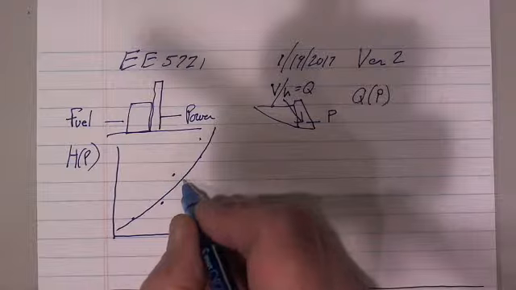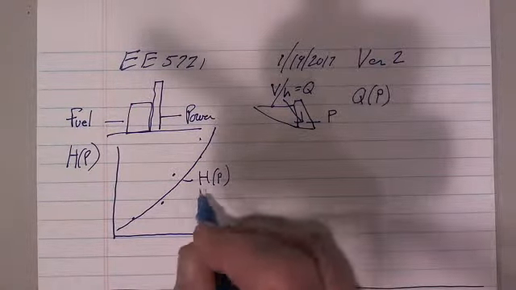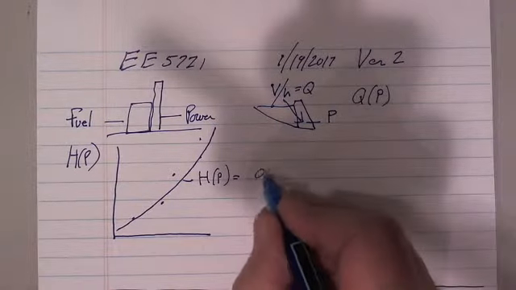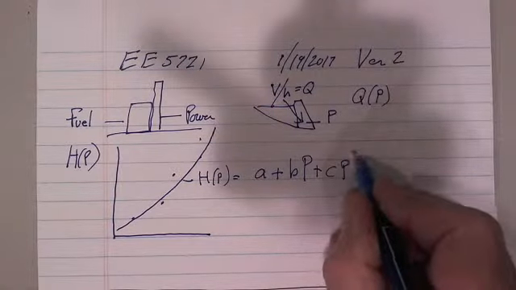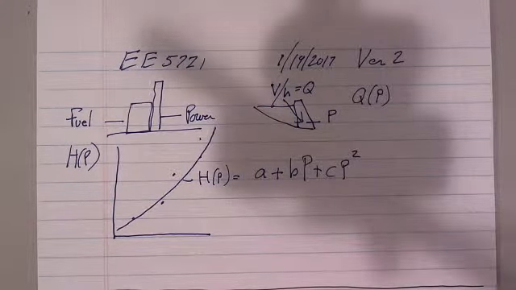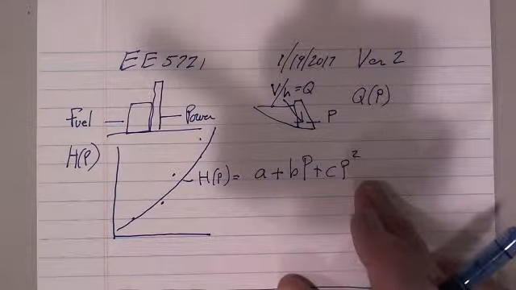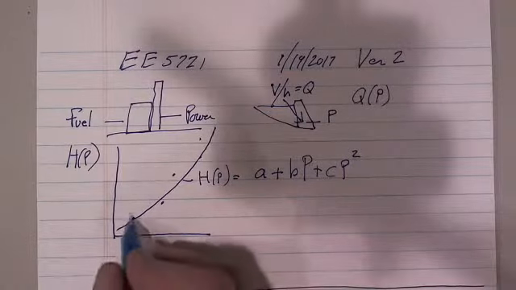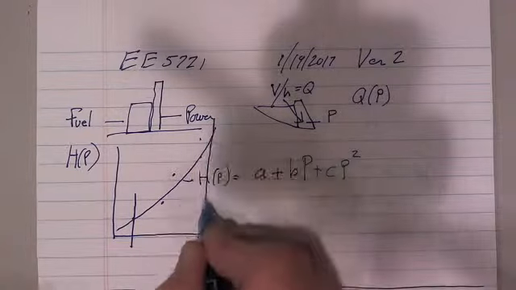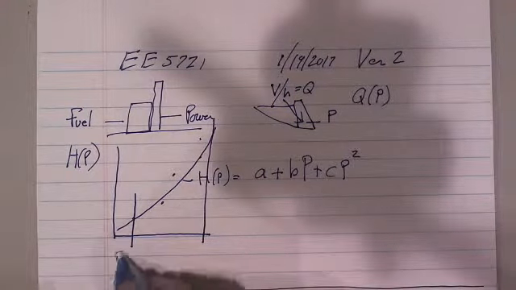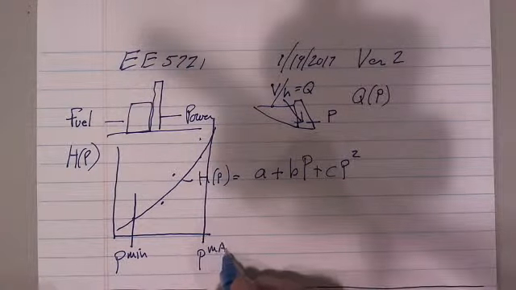We fit H of P to these points, and we say this is equal to A plus BP plus CP squared. Now that simply means that we're compromising. We're using a quadratic function, and we recognize fully that it's not a pure quadratic, but for the sake of this course. And we're going to say that there's a P min and a P max.